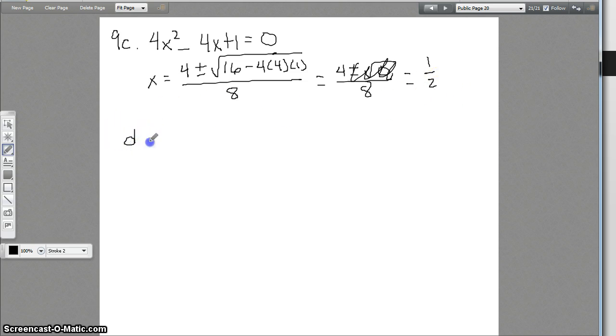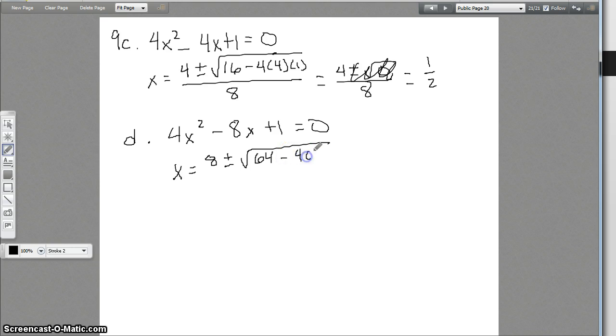Okay, now let's look at part D. We have 4x squared minus 8x plus 1 equals 0. Again, we're going to use our quadratic formula. We have negative b, that's 8, plus or minus the square root of b squared, that's 64, minus 4 times a times c. And then that's all over 2a, which is 8.